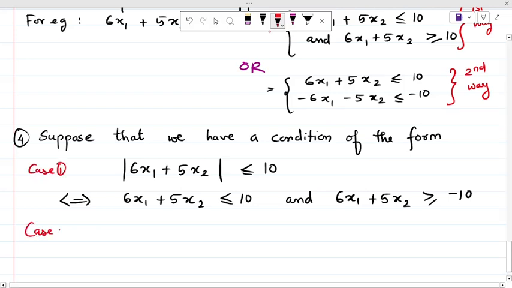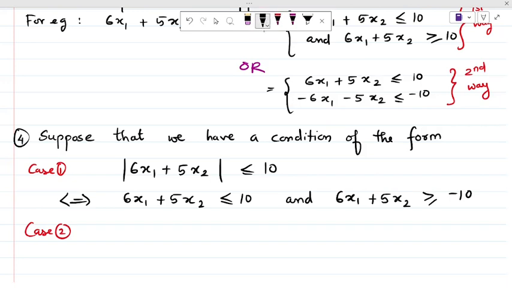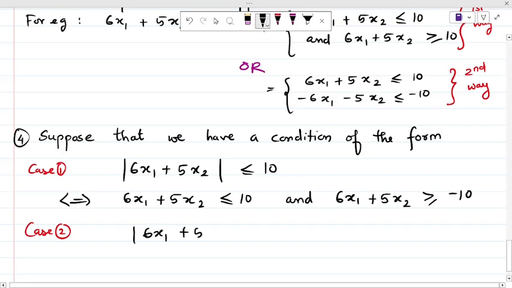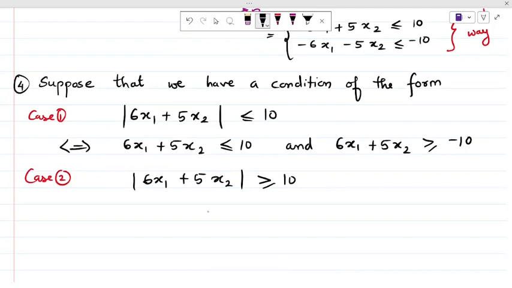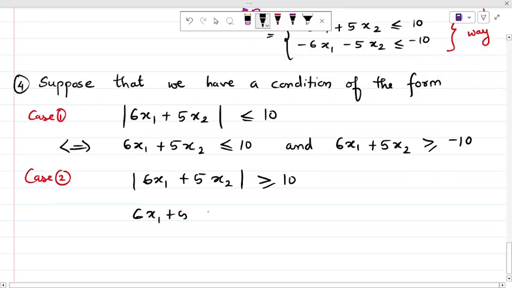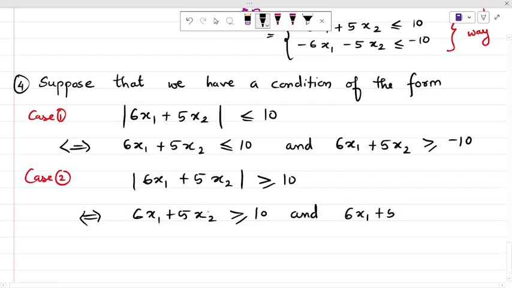And suppose case 2 is something they have given to you as the modulus of 6x1 plus 5x2 is greater equal 10, then the whole thing will change here as 6x1 plus 5x2 is greater equal 10, and here you will have 6x1 plus 5x2 is less than minus 10.